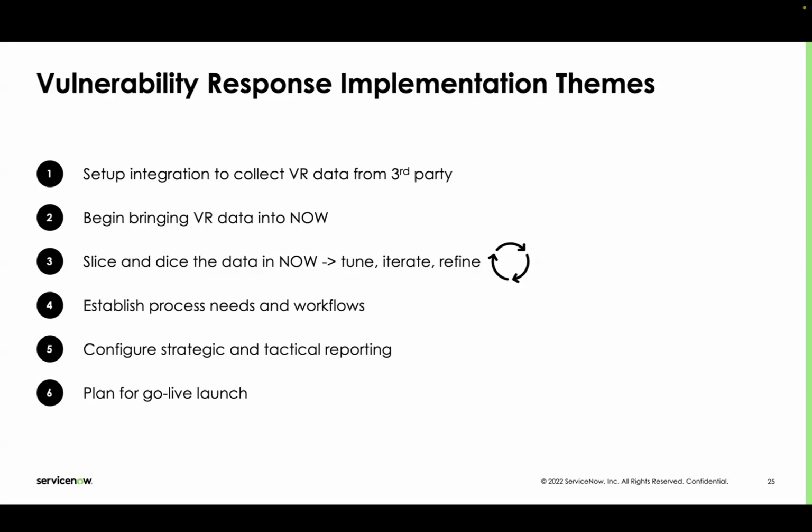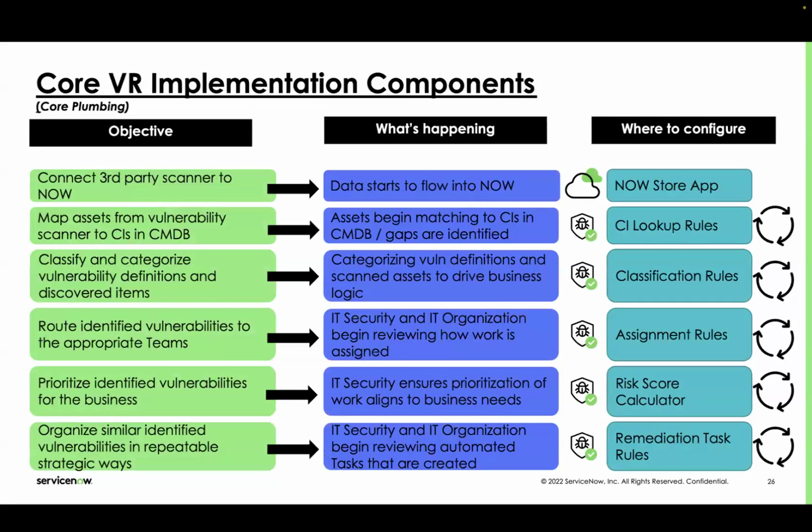And if we look at the next slide, got a little bit more detail here. This is what we call the initial foundation or the core plumbing, right? As I mentioned, connecting with a third-party scanner. That could be something like Qualys, Rapid7, Tenable, and starting to see as I bring these assets over, how do they align, right, to what we have in our CMDB today? And we also have the ability to start normalizing some of that data.